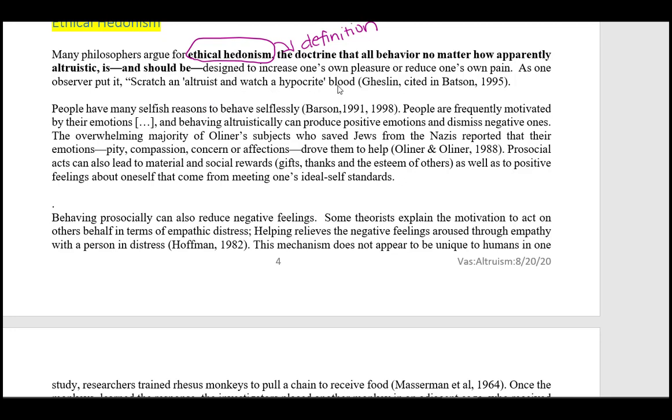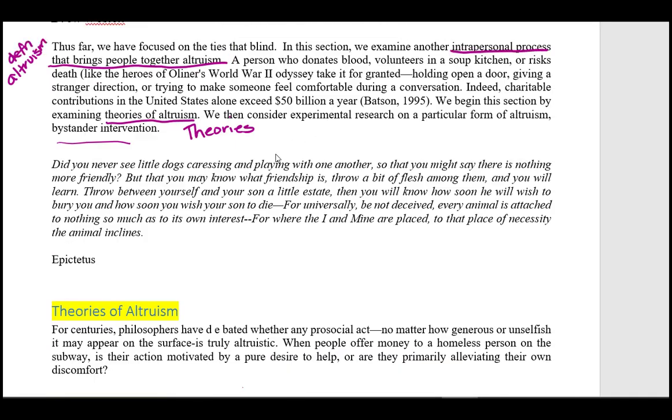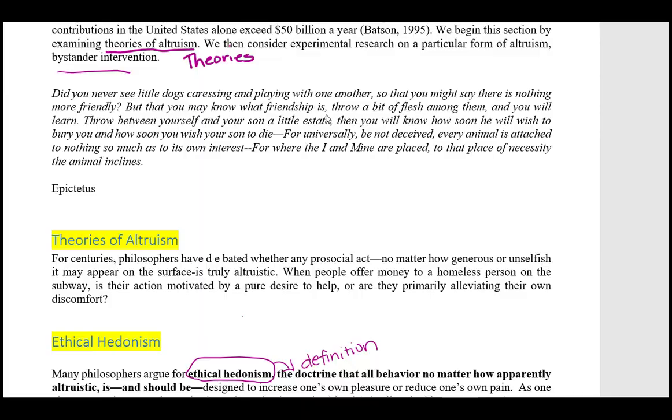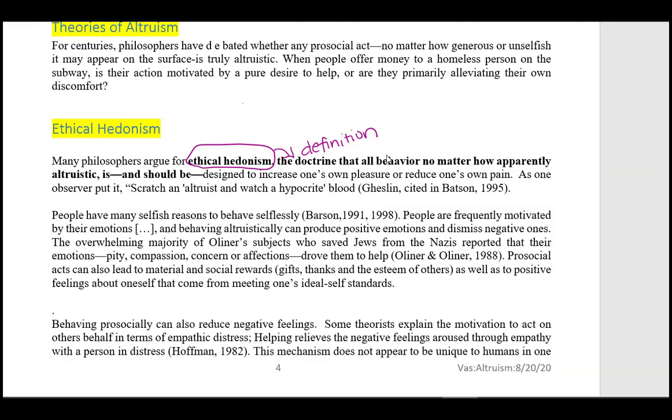Okay, so again, they're telling me the definition of ethical hedonism, so I'm going to write this down. No matter how altruistic, and if you remember, they gave us the definition of altruistic as things that bring people together. So it's basically nice things that you can do.